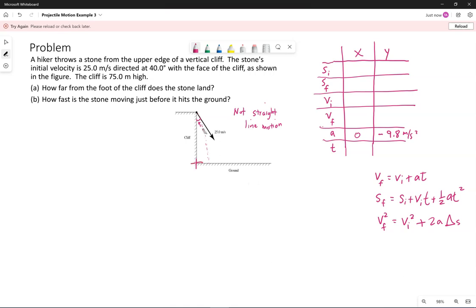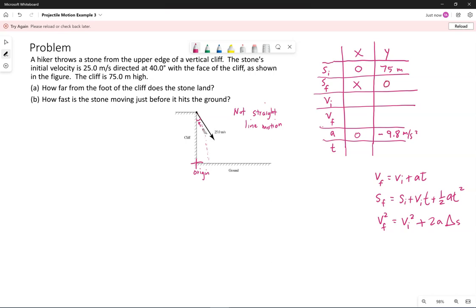We need to choose an origin. I'm going to go ahead and make ground level right below where the stone is released my origin, so that makes my initial x position 0, and my initial y position will be the height of the cliff. Final position, again, we're finding that horizontal distance that the stone has traveled, how far away from the base of the cliff the stone will land.